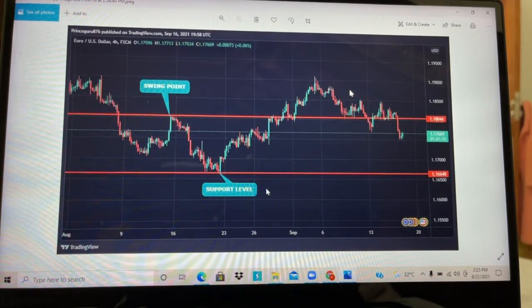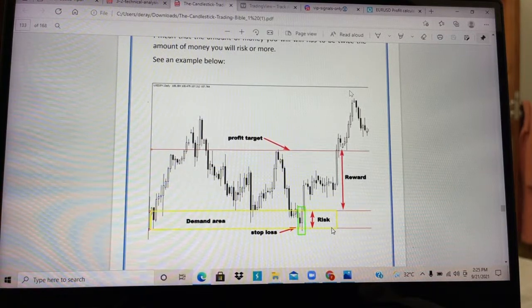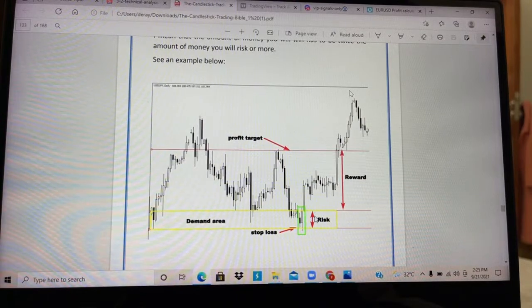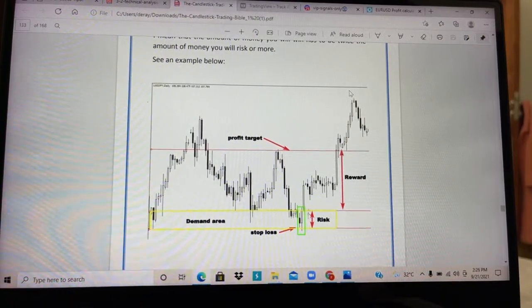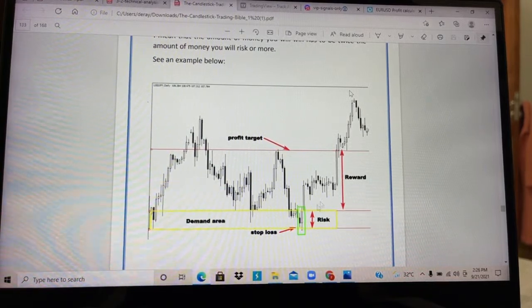So the idea is, every time we open our trades, our stop loss should be a little bit behind the entry. Just a little. Trading is like an investment.